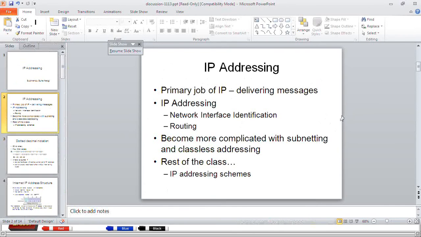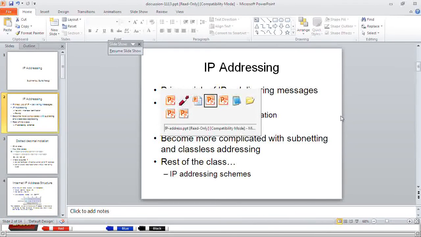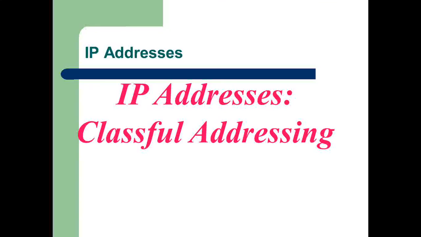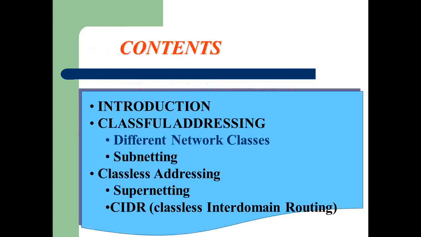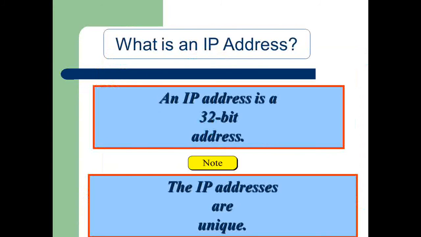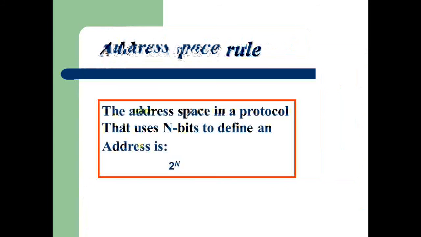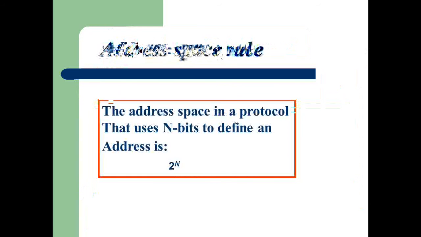Now I'm just going through this slide of Verizon, and let me give you an introduction to classful addressing. Now these are the address spaces. There are a few golden rules when we talk about IP addressing.